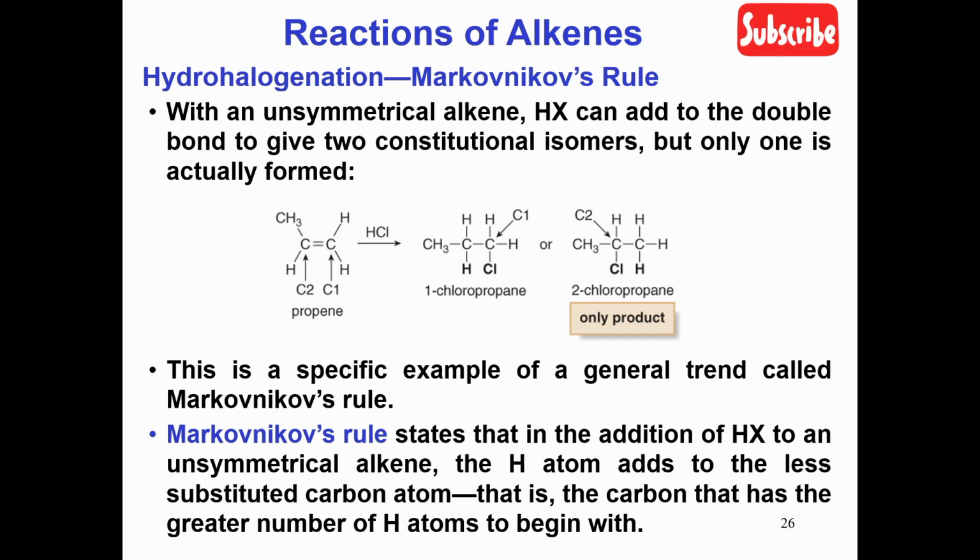In the example of propene, carbon 1 has 2 hydrogens, while carbon 2 has 1 hydrogen. So Markovnikov said we give the hydrogen of this HCl to carbon 1, while carbon 2, which has just 1 hydrogen, will be given chlorine, forming the product 2-chloropropane.